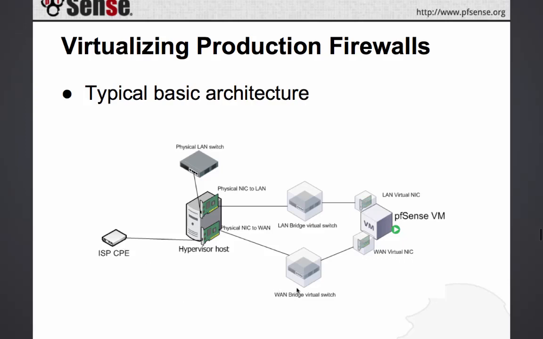And then you have two bridge virtual switches. You got one that's bridged to the WAN NIC and one bridged to the LAN NIC. And then you got your pfSense VM that has one NIC on LAN and one on WAN. So it's functionally equivalent to having a physical machine out here that's directly plugged into the ISP and the physical LAN switch.